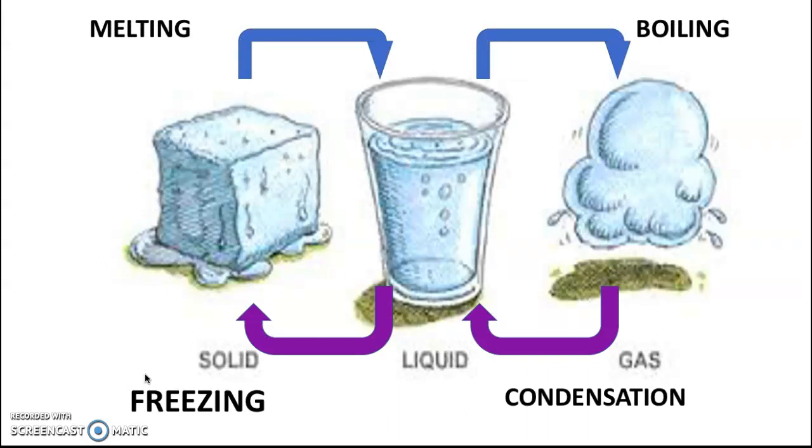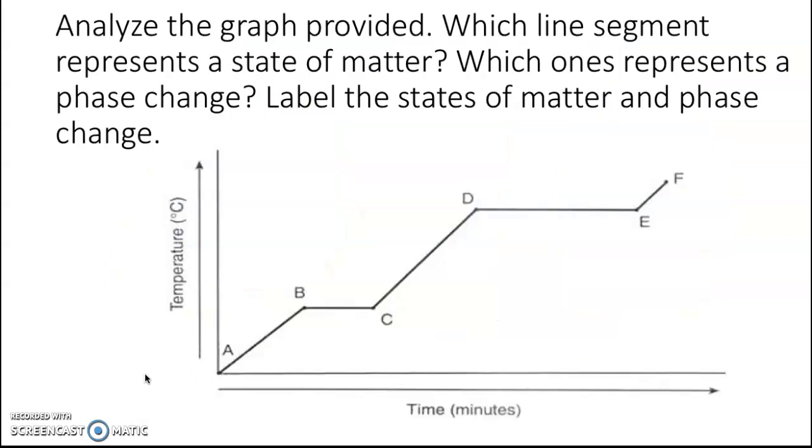So go ahead. You will not need freezing or condensation. Don't worry about that. But see if you can use solid, melting, liquid, boiling, and gas to help you fill in this graph right here. Pause it, take a few moments to do it, and then come back. Always try to challenge yourself with these videos.